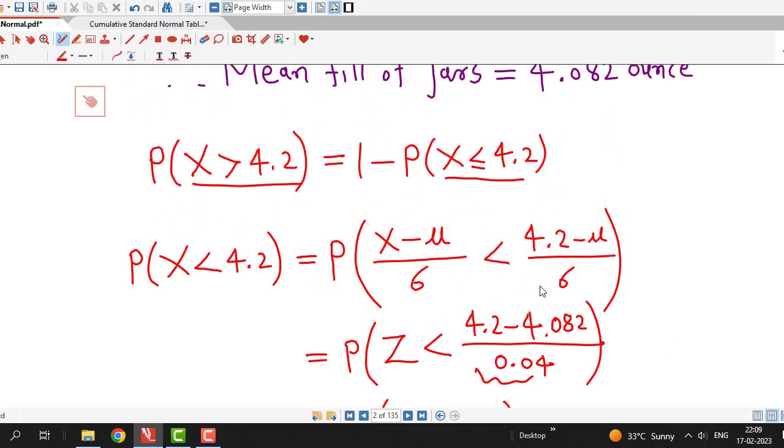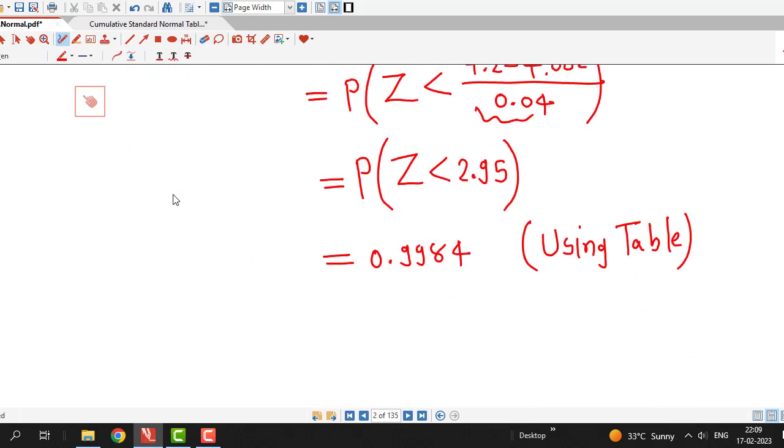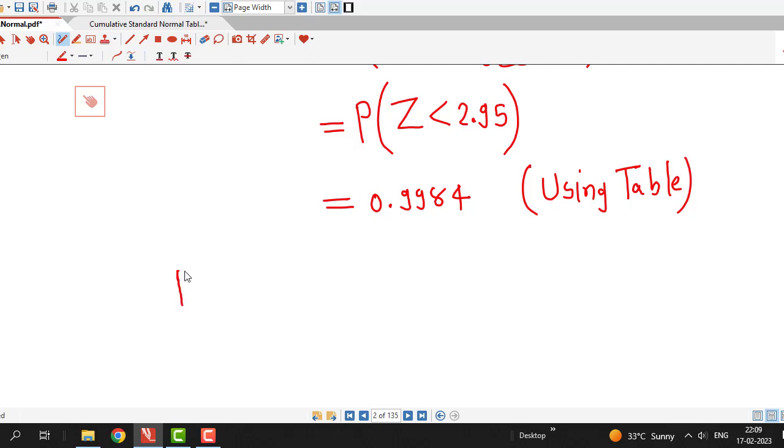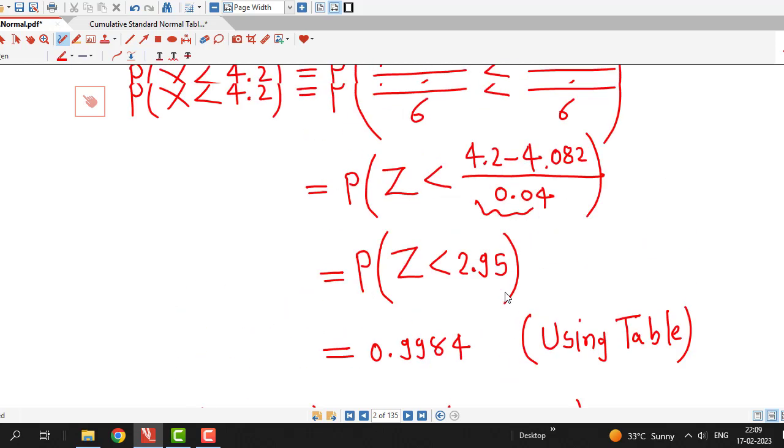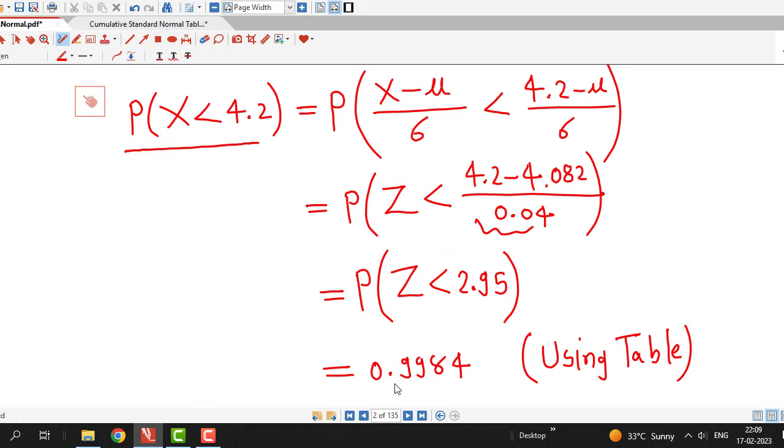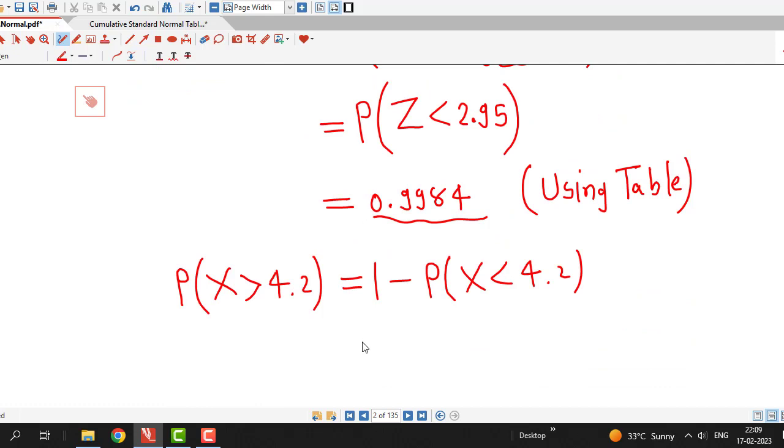But we are interested in this probability that x is greater than this 4.2. So now the probability that x is greater than 4.2 is equal to 1 minus the probability that x is less than 4.2, and this is the probability that capital X is less than 4.2 which we just obtained.